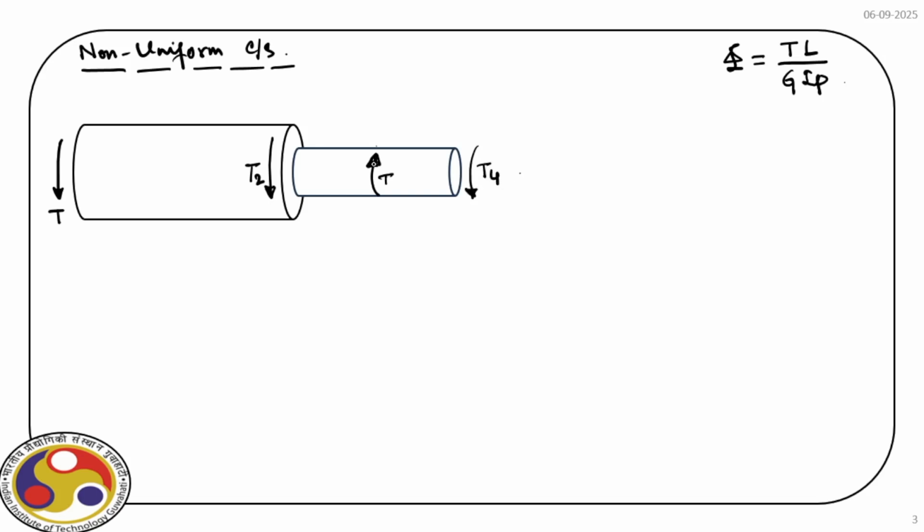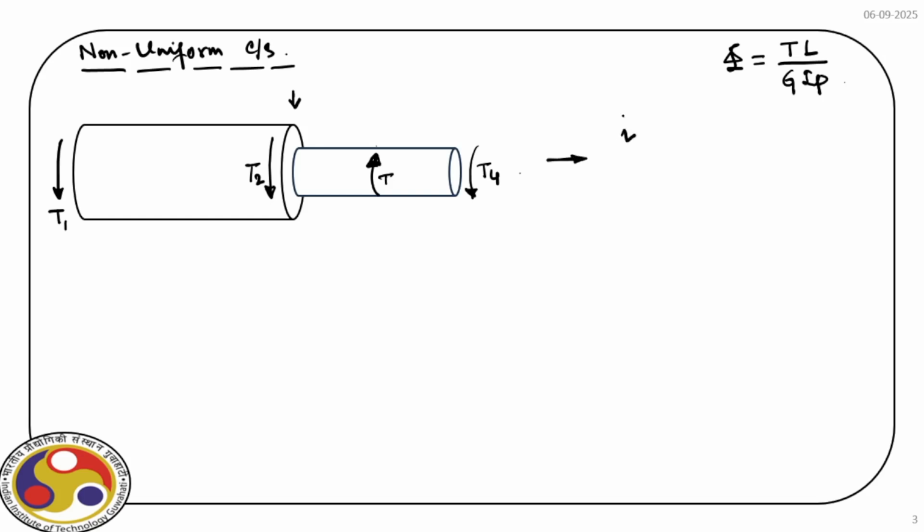Now, over the length we have a variation in cross section, as you can see here. And then over the length we have different segments with different values of torque applied, right? So what effectively we can do is split this into different segments.